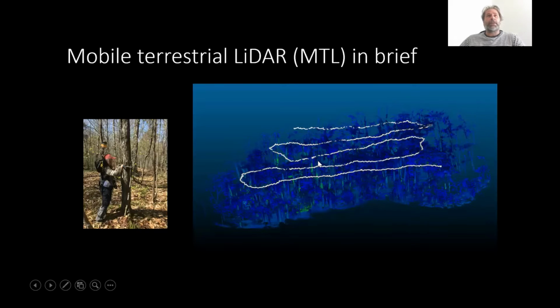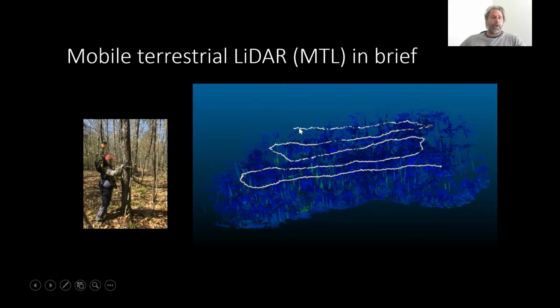From now on, I'll just say mobile LiDAR, it will be shorter. Mobile LiDAR is quite simple at first. To use the technique, you need someone equipped with a LiDAR sensor who simply walks into a forest, following a path like that.